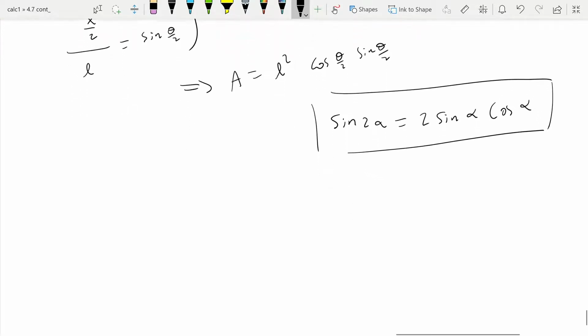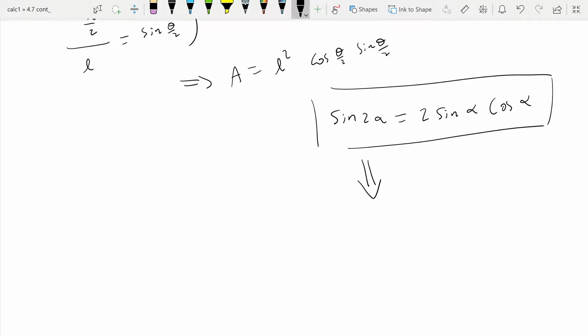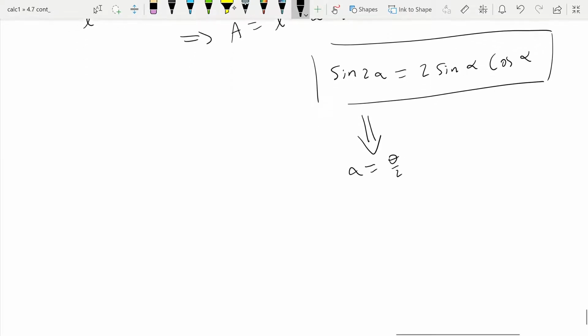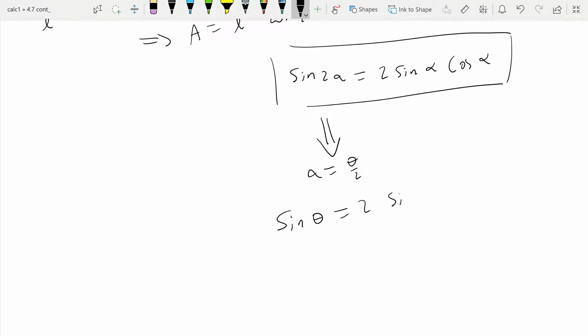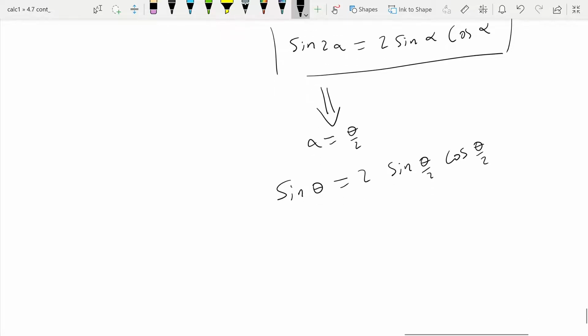If we apply this to alpha equal theta over 2, we obtain that the sine of 2 times theta over 2 is going to be equal to 2 sine of theta over 2 times cosine of theta over 2.